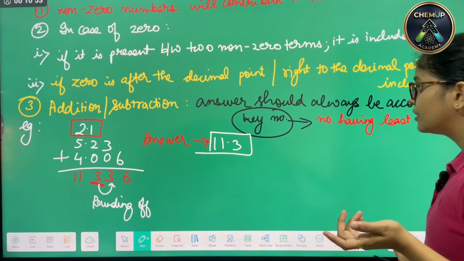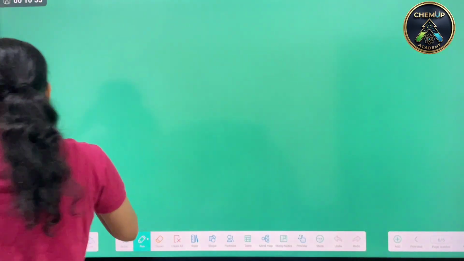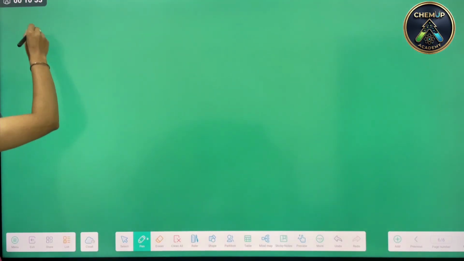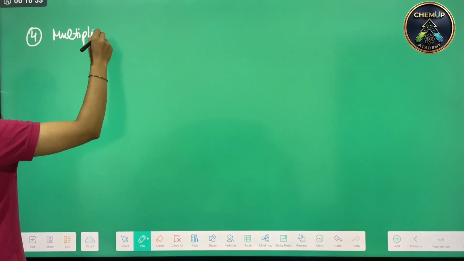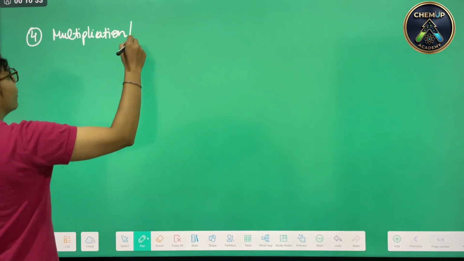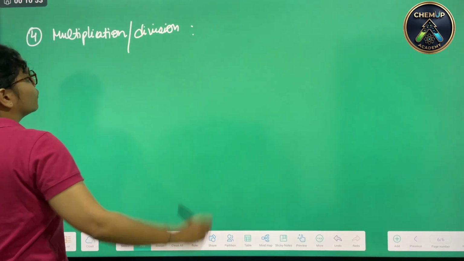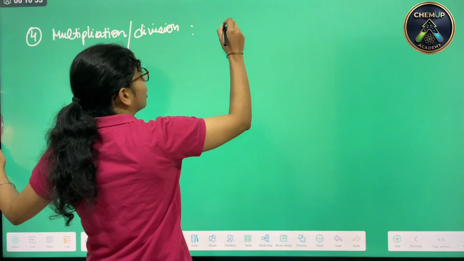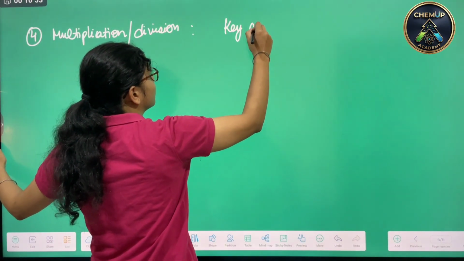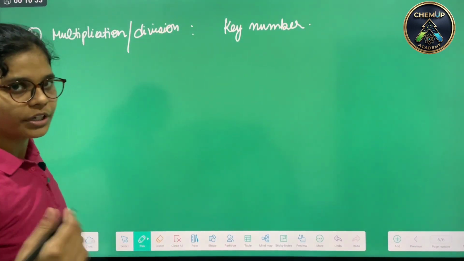What if we try to perform multiplication and division? Let's see for multiplication or division. For multiplication and division, again, the answer should be according to the key number.